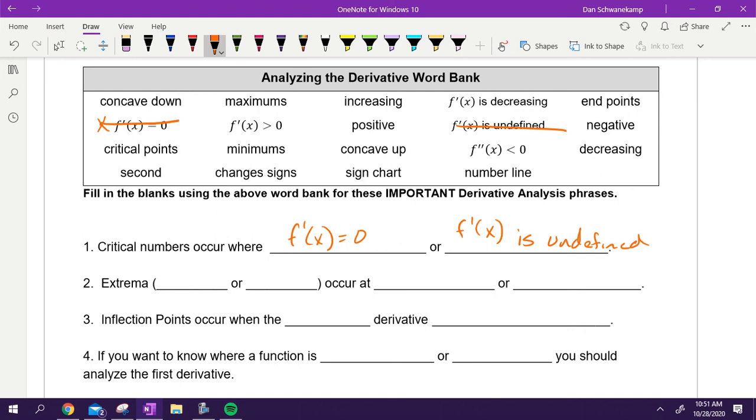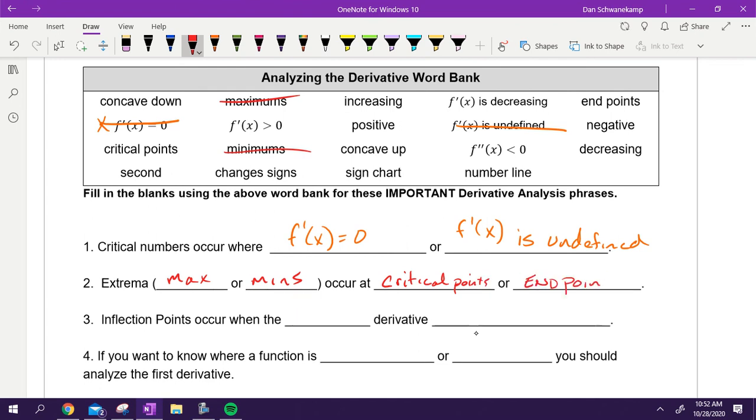If we're talking about extrema, Umalati, what does extrema mean? Good. Max or mins. So if we're talking extrema, that's maximums and minimums. When do maximums and minimums happen, Cannon? Critical points and endpoints.